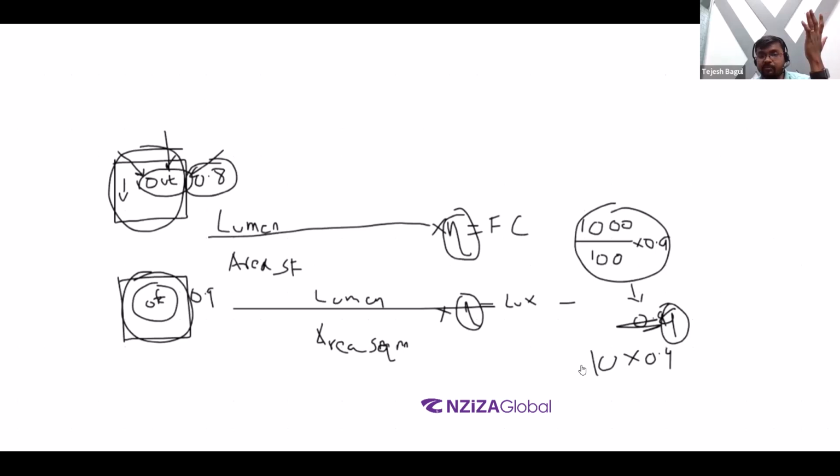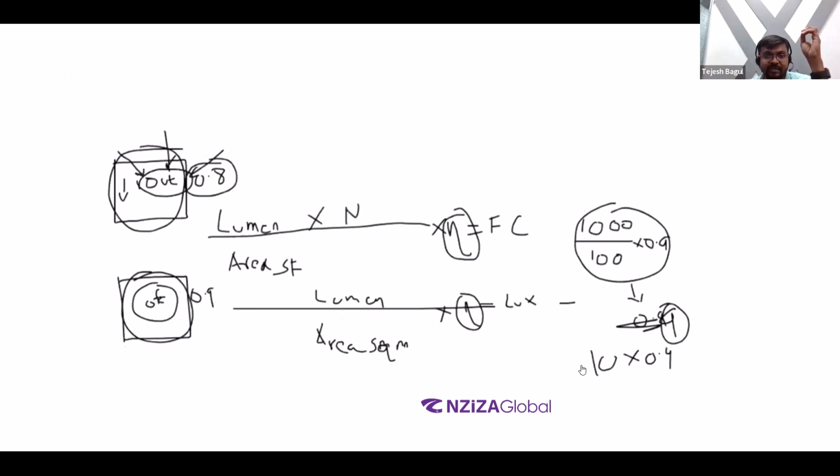If we are not meeting that minimum 1 foot candle, let's say we are getting somewhere like 0.5 foot candle, what do we do then? Then we increase the number of light fixtures, the emergency light fixtures. How will it change over here? We simply multiply the number of light fixtures in the numerator.